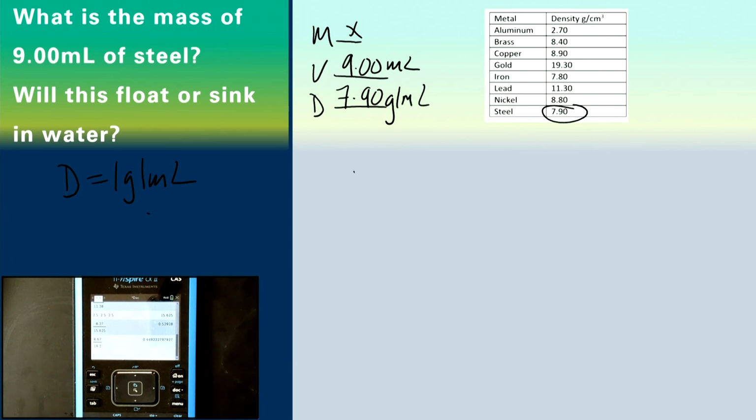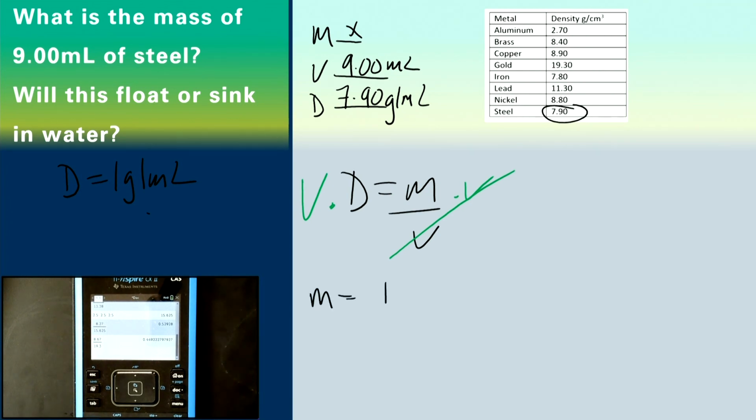So here's our formula. Density is equal to mass over volume. I need to solve for my mass. So what I'm going to have to do is get rid of my volume. It's going to have to come up here, and that's real easy. So my mass is equal to my density times my volume.